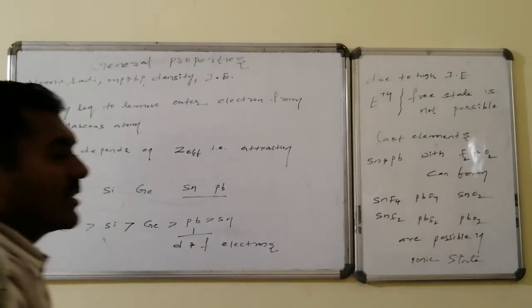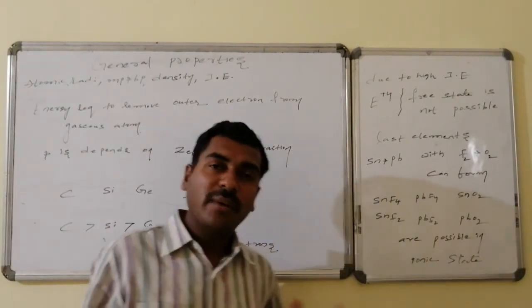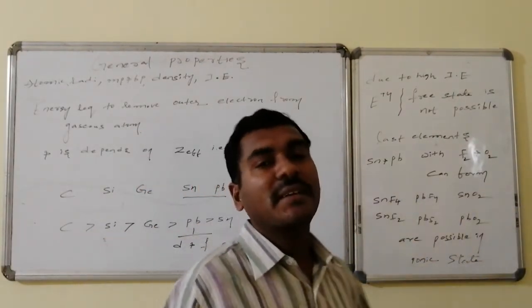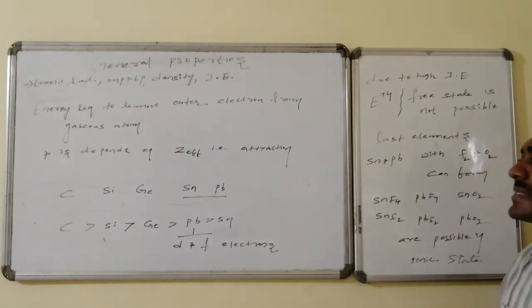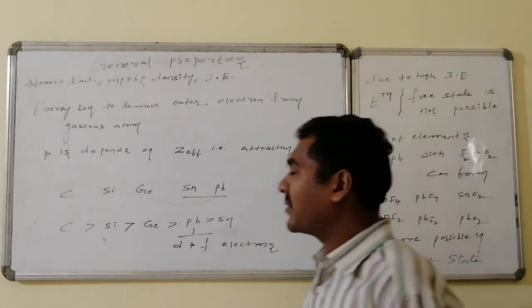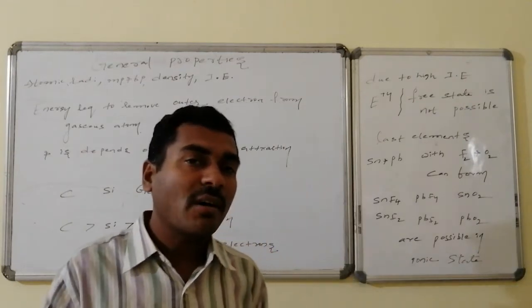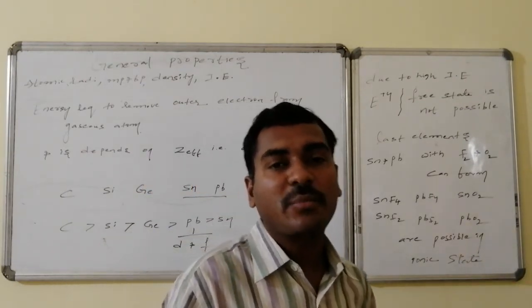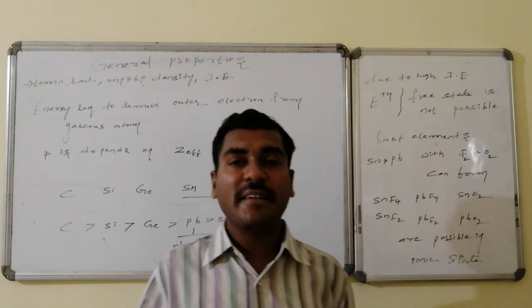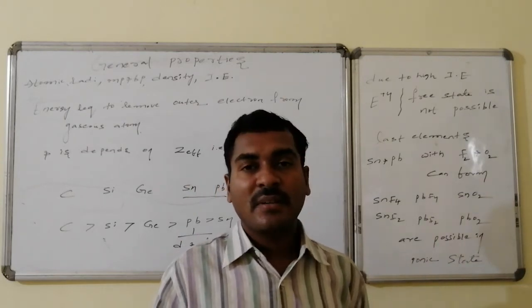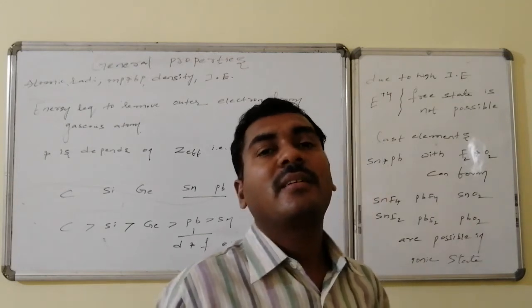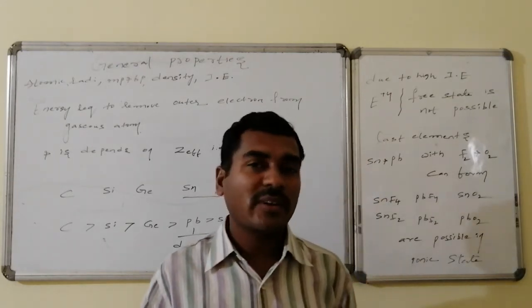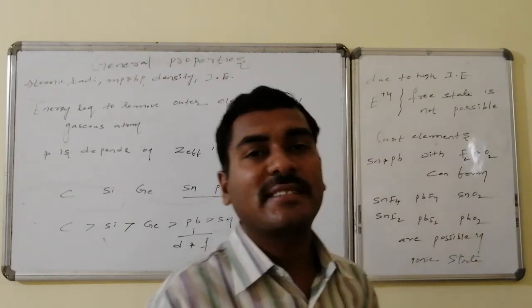Due to this high electronegativity, the +4 oxidation state in the free state is not possible. Generally that becomes very difficult. Carbon, silicon, germanium don't form such kind of free state. Whereas the last elements, which have lower ionization potential, that is lead and tin, with more electronegative elements like fluorine and oxygen, lead to the formation of the +4 oxidation state and are present in the ionic state.